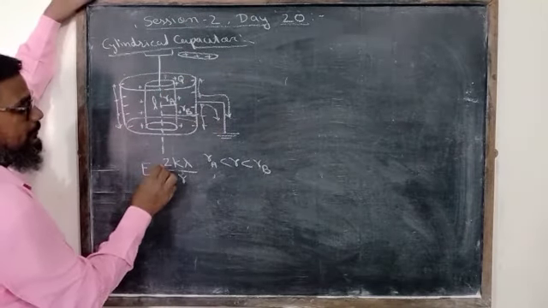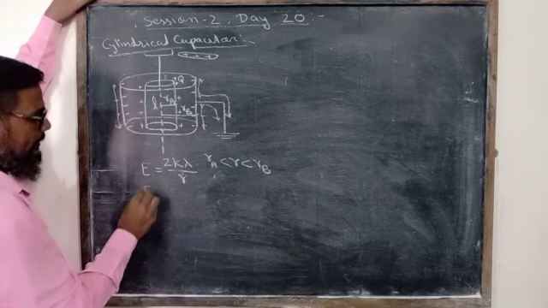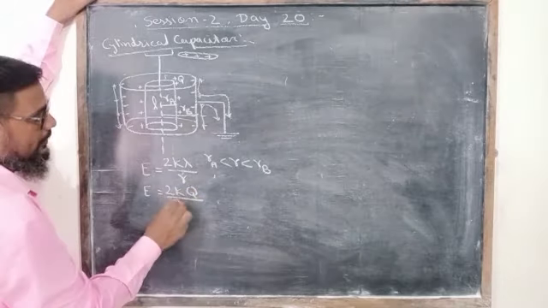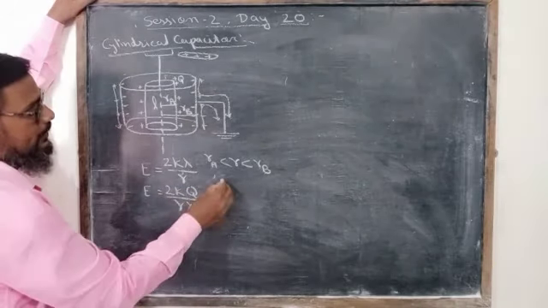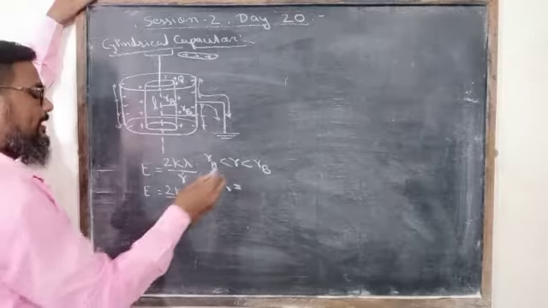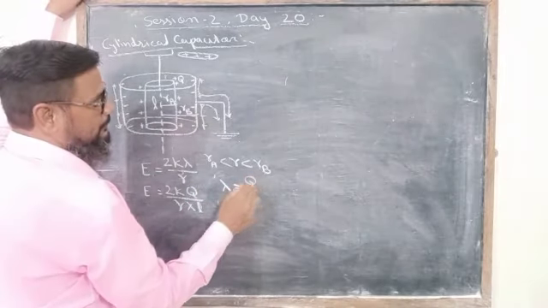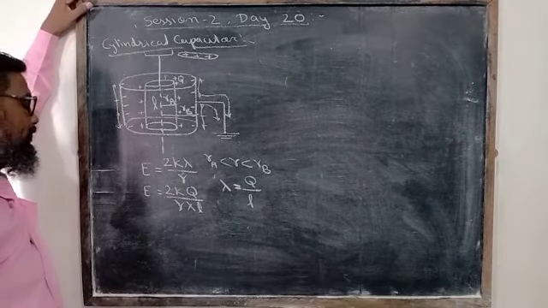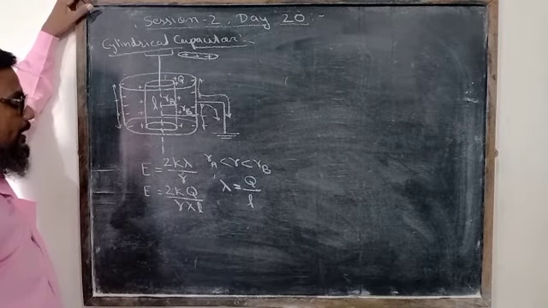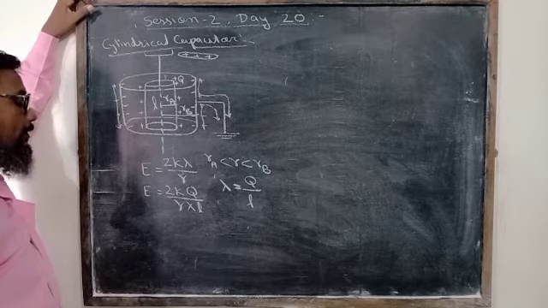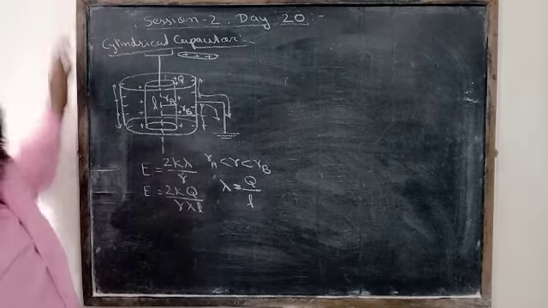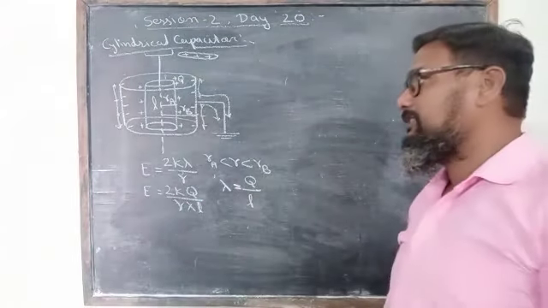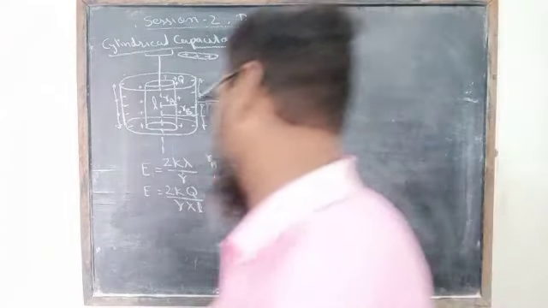So E is equal to 2K lambda upon R. The linear charge density is charge per unit length, lambda is equal to Q by L. So E is equal to 2KQ upon R L. This is the electric field intensity between the cylinders.